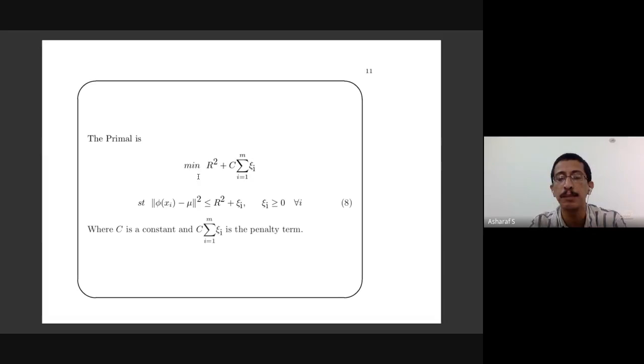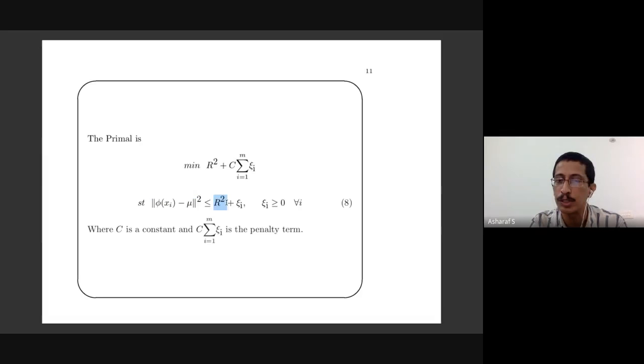So we have a very similar problem, min R square plus a penalization term, and now we say that phi of xi minus mu, that means the distance of any point in the transform space to the mean, which is essentially the Euclidean distance in the transform space, the square of that should be less than or equal to not just R square plus zeta i.